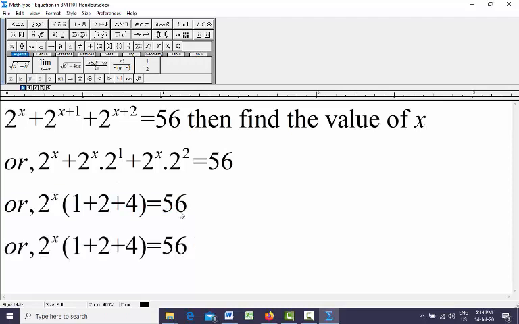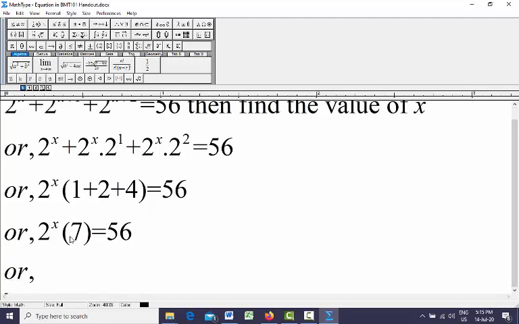So now we will move like this. 4 plus 2 plus 1, we have 7. Right? So now, as I said before, you can have only x on the left hand side. So this time we will move this 7 to the right hand side.